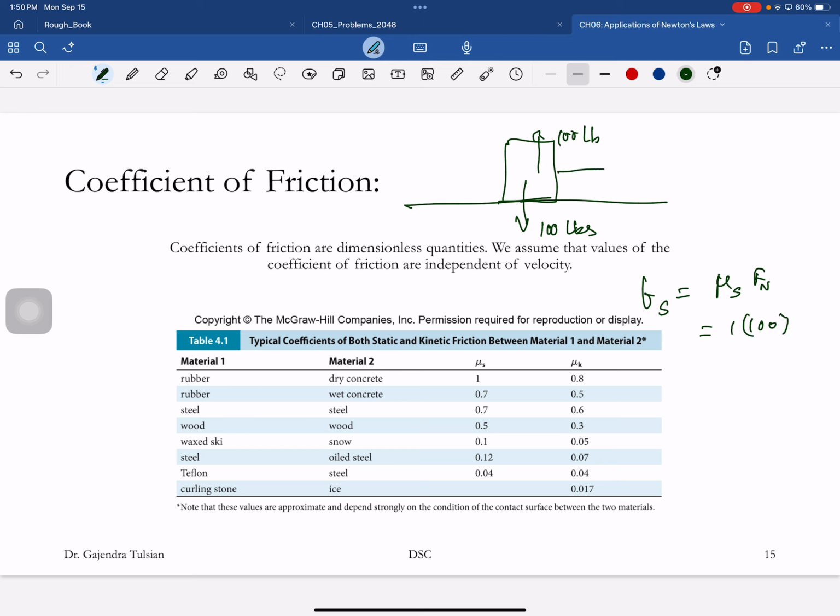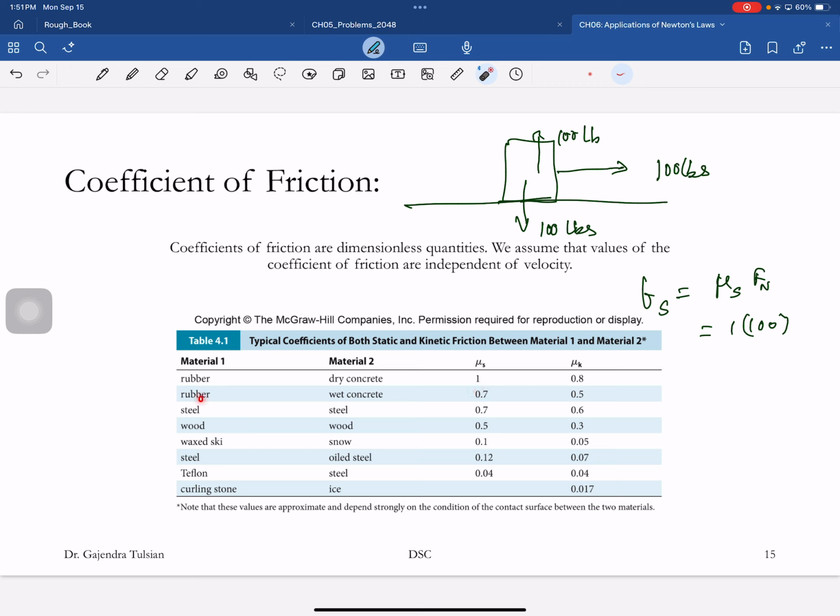So to get this block moving, you need to apply a 100-pound force for a rubber block sitting on concrete. But once you get it moving, all you need is 80 pounds to keep it moving. If you apply an 80-pound force, then it'll keep moving at constant speed. Okay, so that's what these numbers tell you.